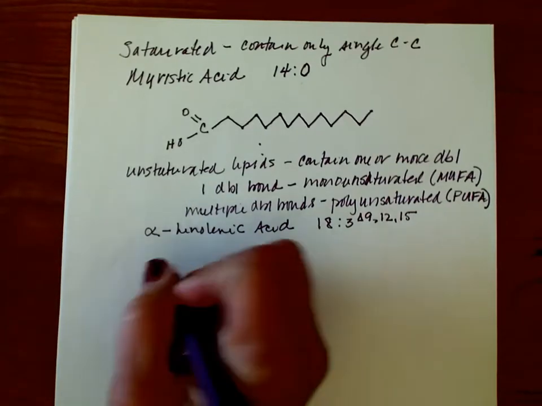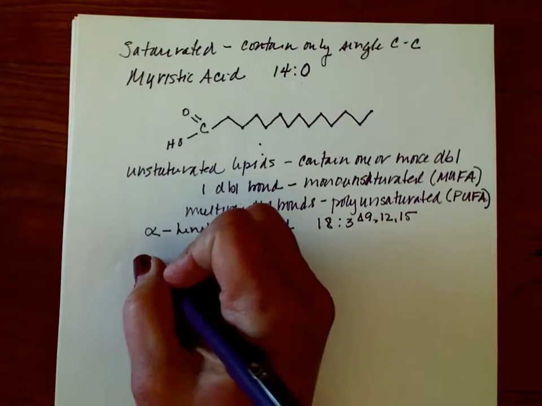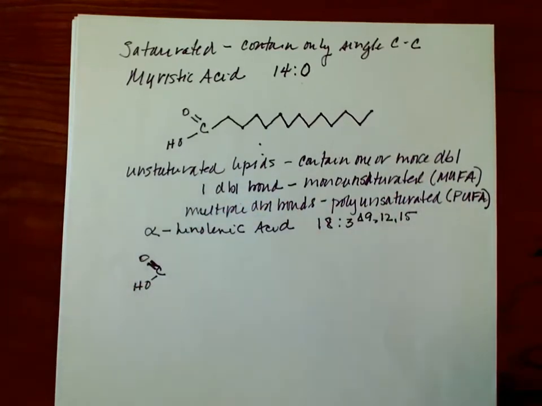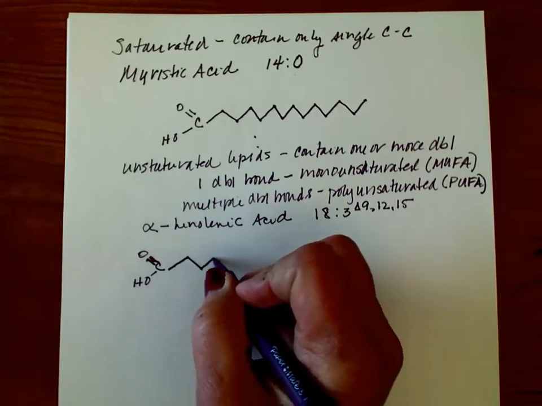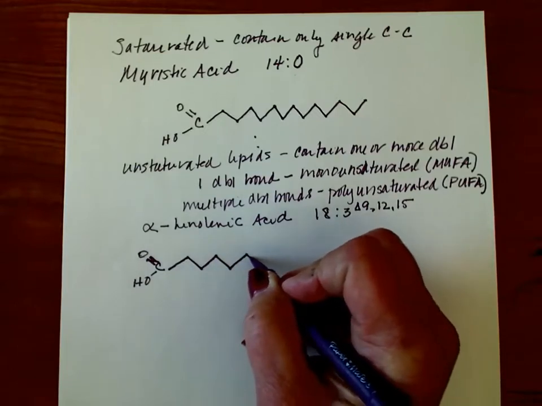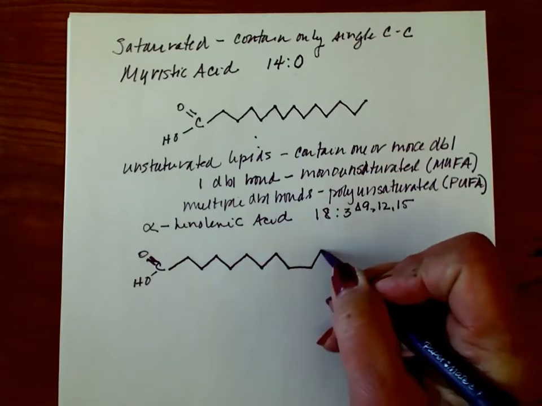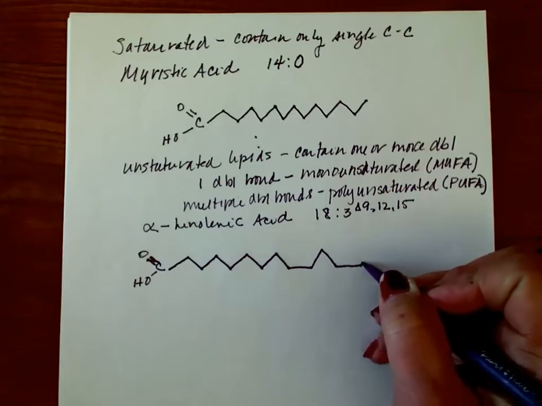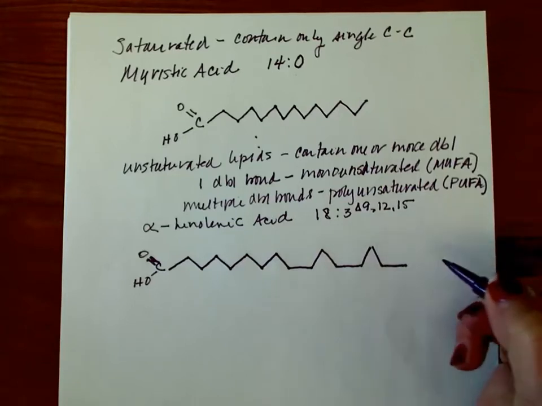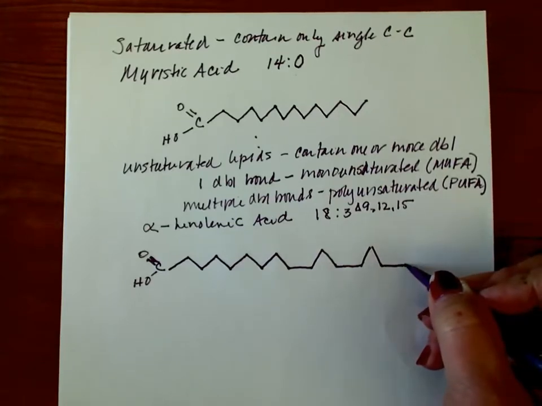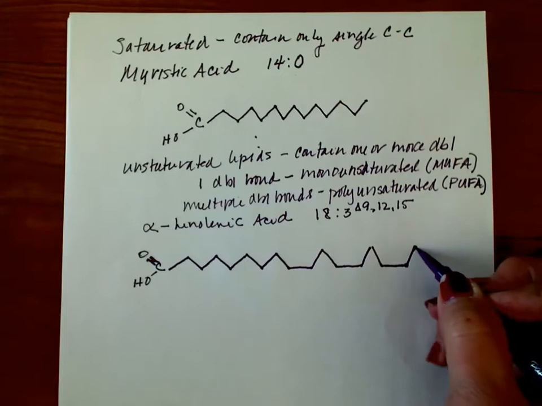So, our carboxylic acid head group, we have first double bond occurs at carbon 9, so this is 1, 2, 3, 4, 5, 6, 7, 8, 9, 10, 11, 12, another double bond, 13, 14, 15, another double bond, 16, 17, did I lose count? 15, 16, 17, 18, right?